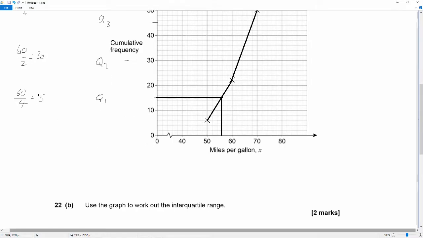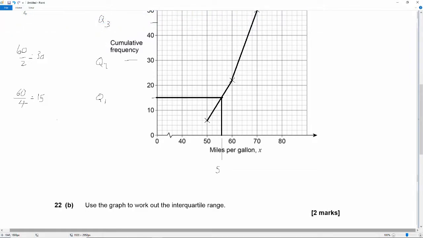Okay, so that's 50, 52, 54, 56. I make that 56 miles per gallon.